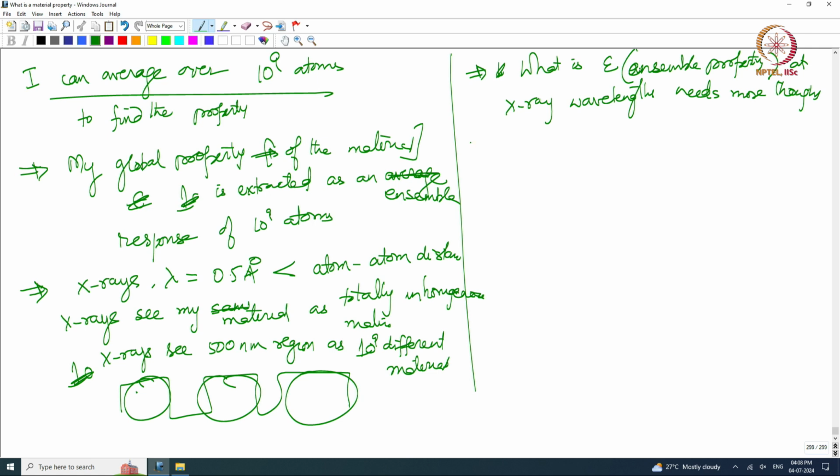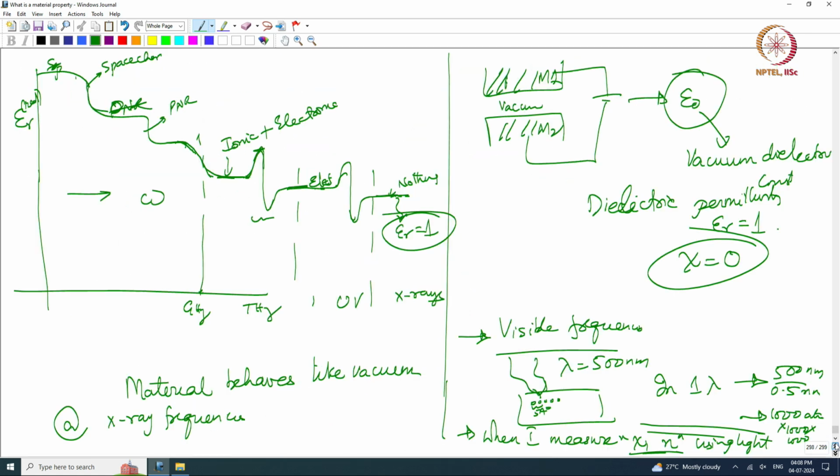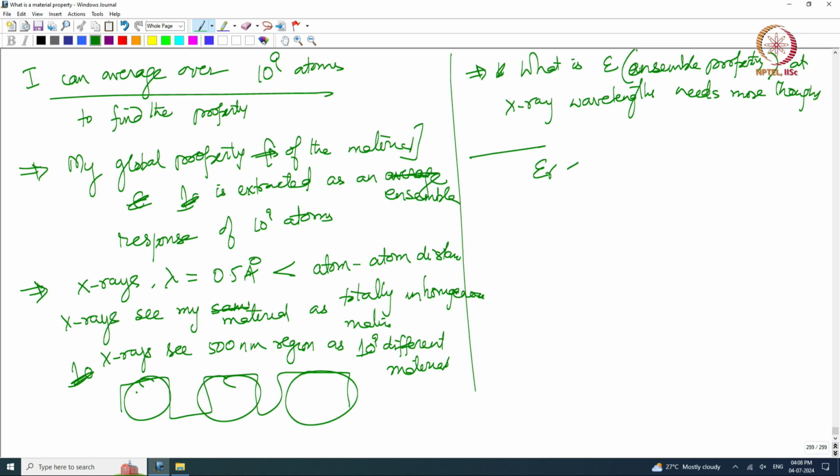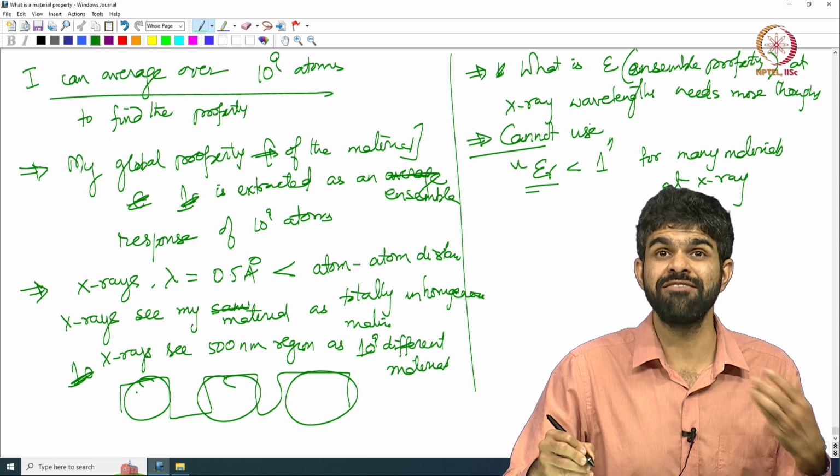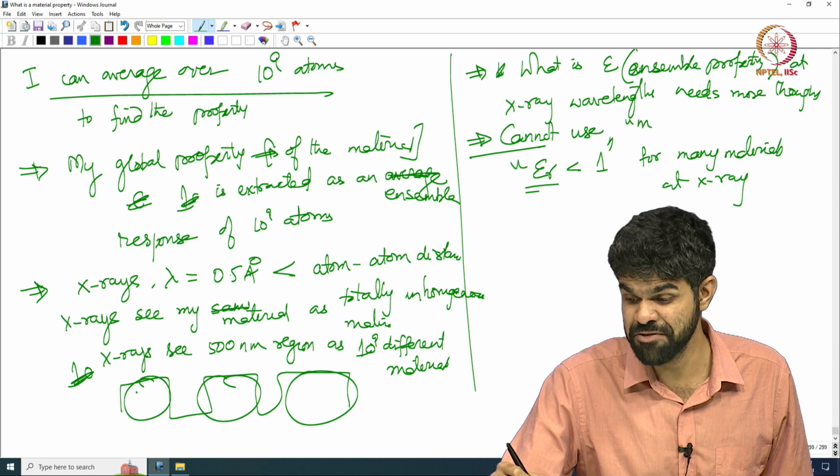If we just do not think about all these things, we say epsilon r equal to 1 at X-ray frequencies, but epsilon r tends to be slightly less than 1 for many materials at X-ray frequencies. So you can still define an epsilon r, but you cannot use this ensemble averaging approach, which is what is called the mean field approach.